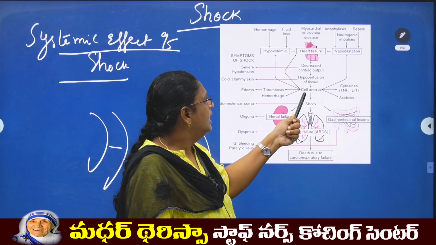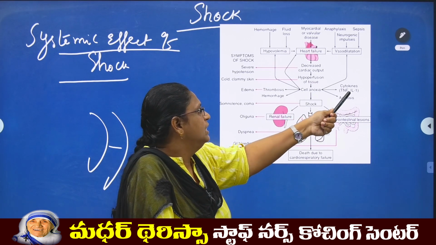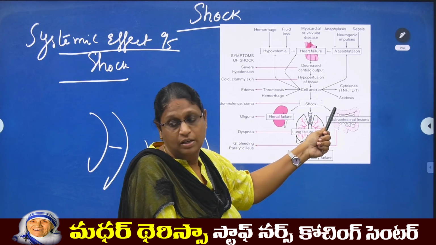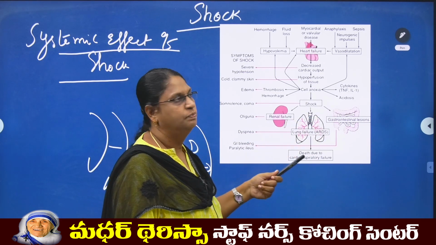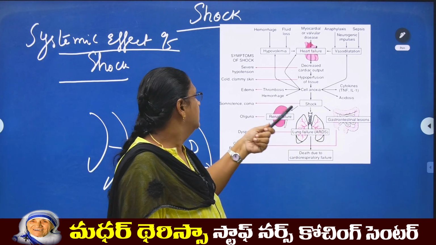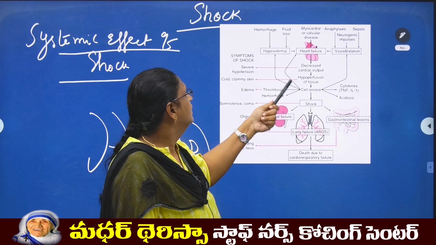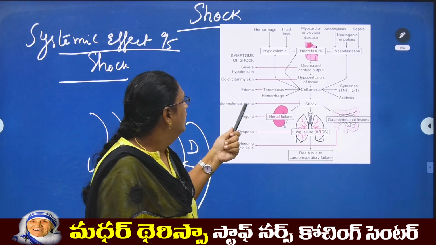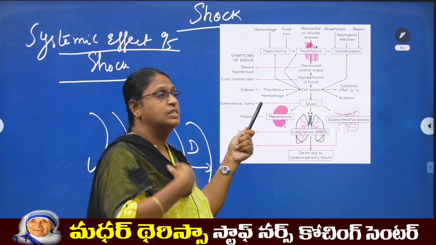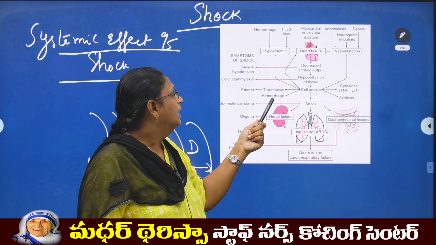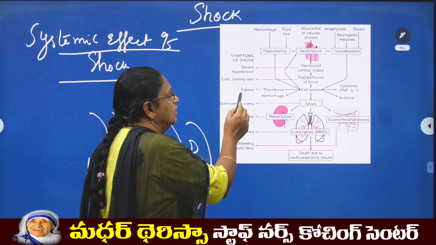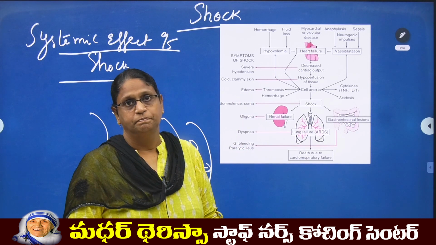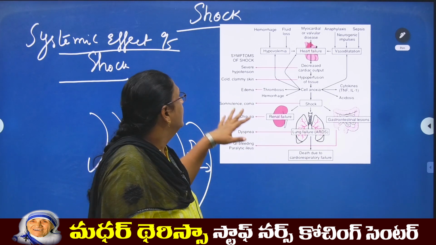As the anoxia develops, there will be release of cytokines, and there will be acidosis also. In cell anoxia, thrombosis and hemorrhage also develop, which causes edema, whole body swelling.